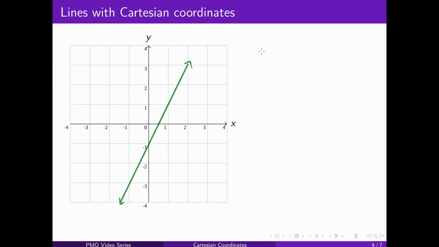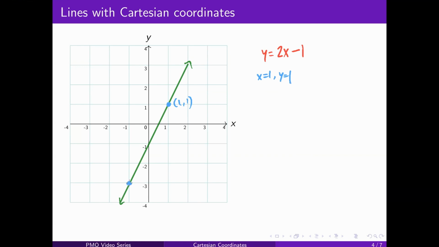Although we'll explain later how we get this, we'll find that this line is associated to the equation y equals 2x minus 1. What do we mean by this line is associated with this equation? Well, for any point on the line, let's say this point here, 1, 1, it has x coordinate 1 and y coordinate 1. If you substitute x equals 1, y equals 1, you will find that it satisfies y equals 2x minus 1.